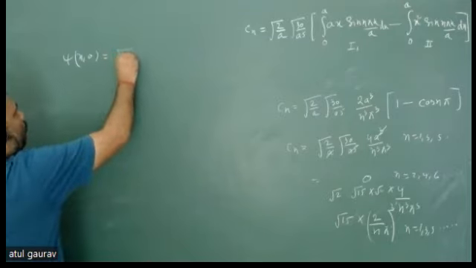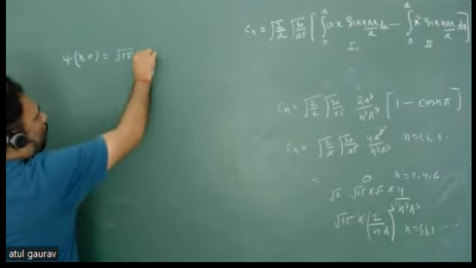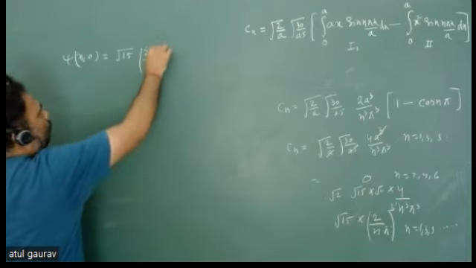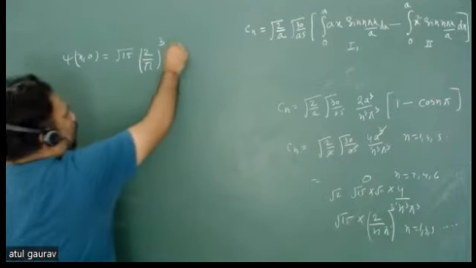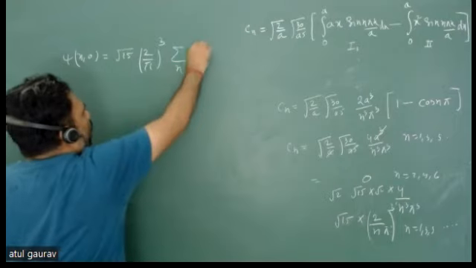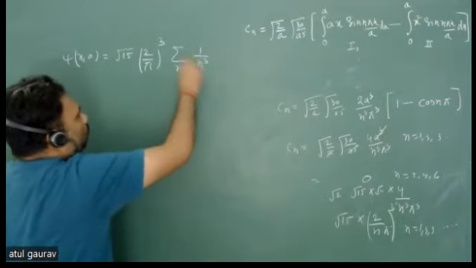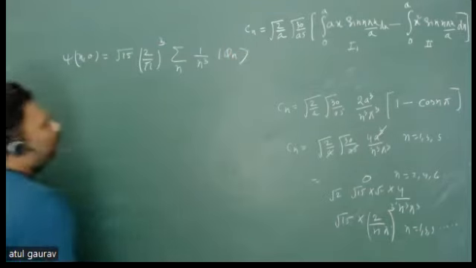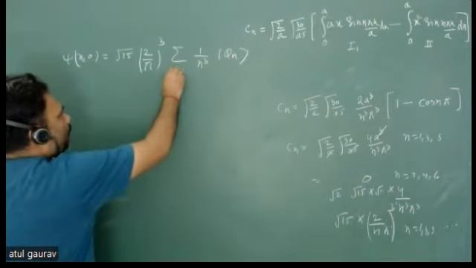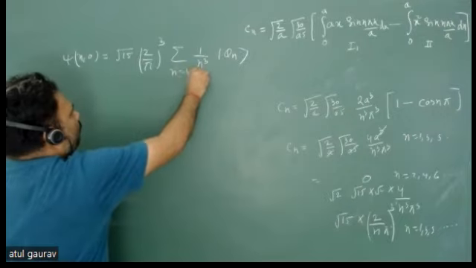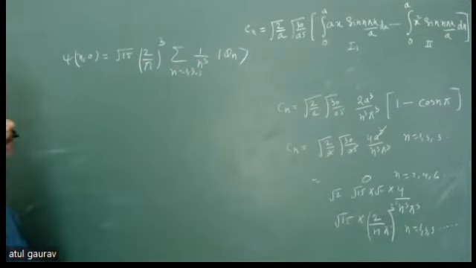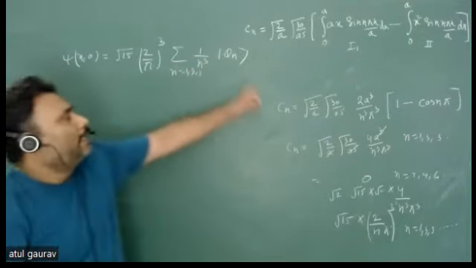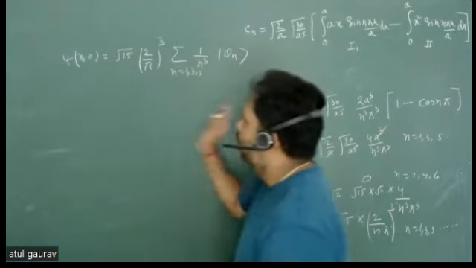So root under 15 and 2 upon pi whole cube outside, and summation over n of 1 upon n cube, and this value is equal to phi n, isn't it? And what is the value of n? 1, 3, 5 and so on. Odd values of n are there. So this is my psi x0.